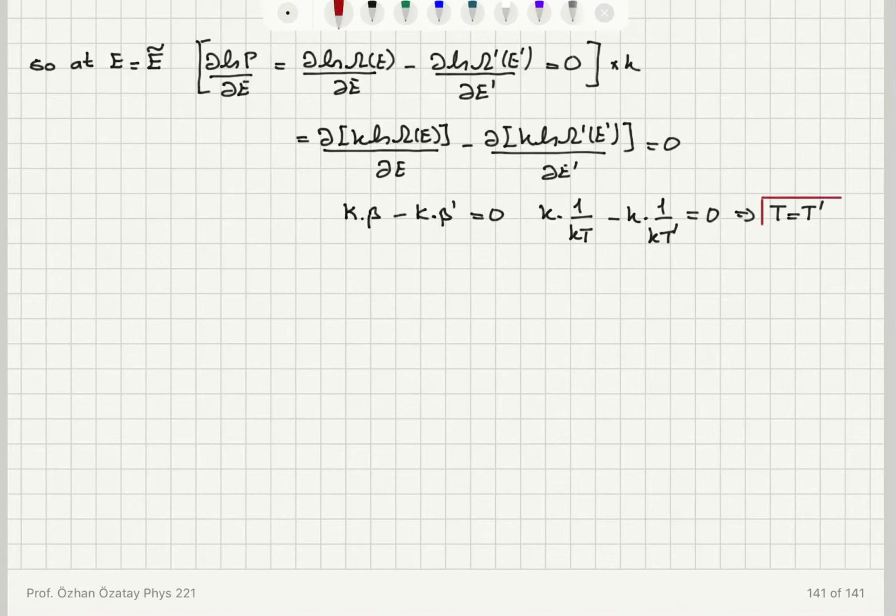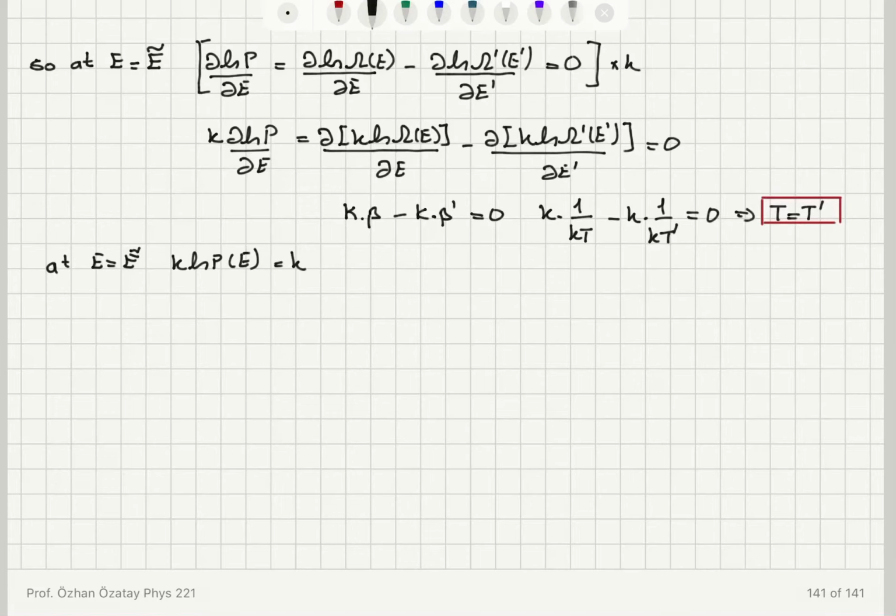So the condition for the maximum probability of having an energy E tilde for system A corresponds to the condition where the temperatures are the same. And if I look at the left-hand side of this equation, k ∂ln P/∂E, at E equal to E tilde the derivative of k ln P with respect to E is 0. It's a maximum.